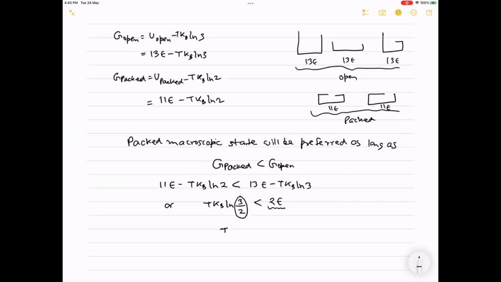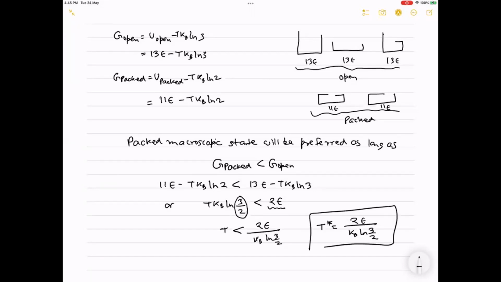If you solve it further, what you are going to get is that if T is less than 2 epsilon divided by KB ln 3 by 2, then the packed macroscopic state will be preferred. That means we have some transition temperature T star, which is given as 2 epsilon divided by KB ln 3 by 2.